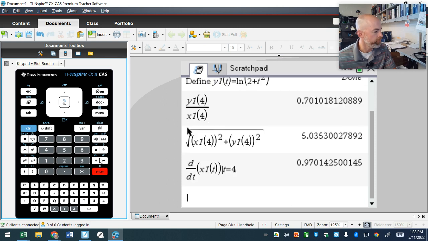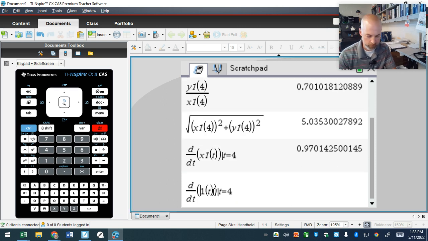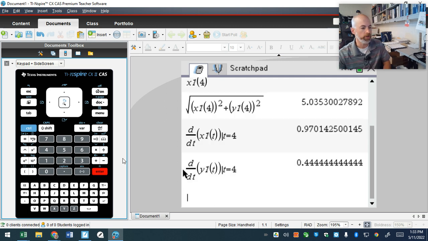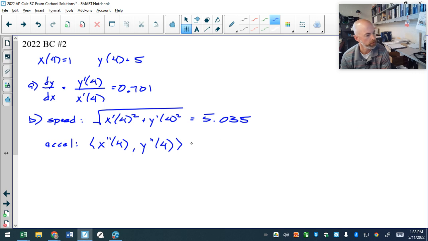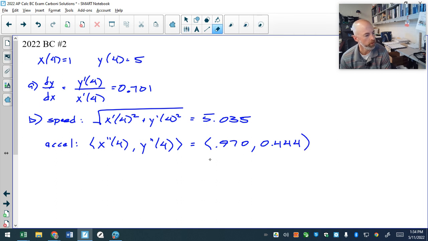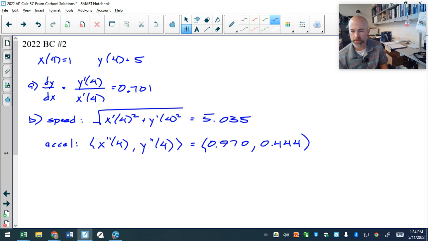Control Enter. And then I'm going to repeat that same command, except for my saved function y1. And I'm getting 0.970 and 0.444. And I like putting a 0 right there before the decimal. Okay, that's it.